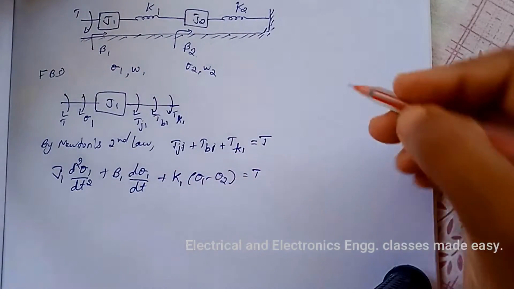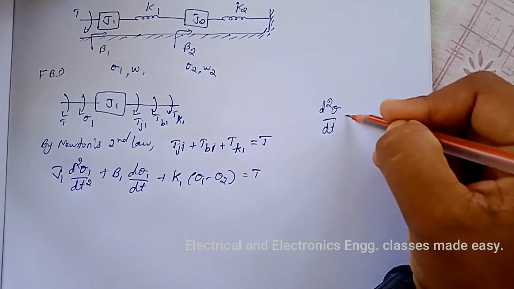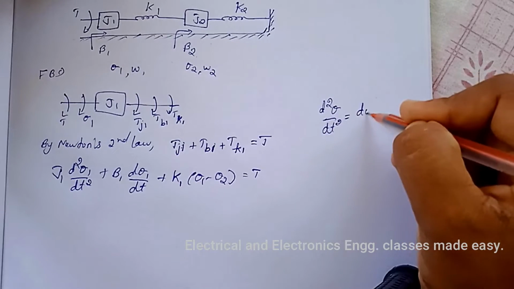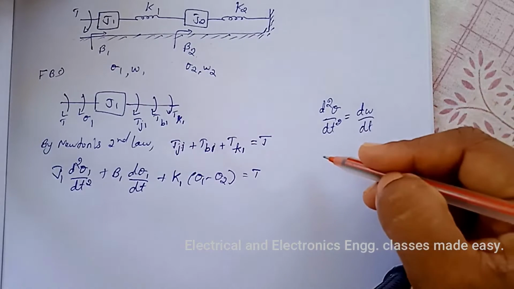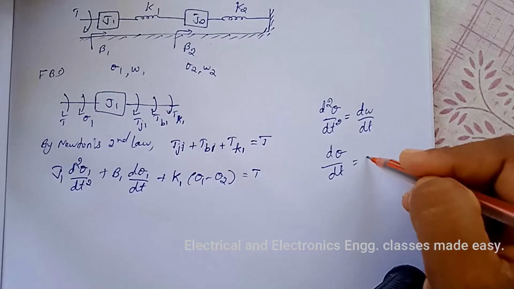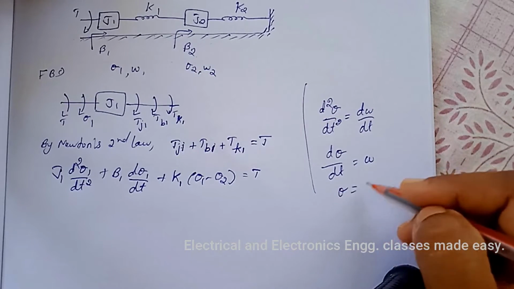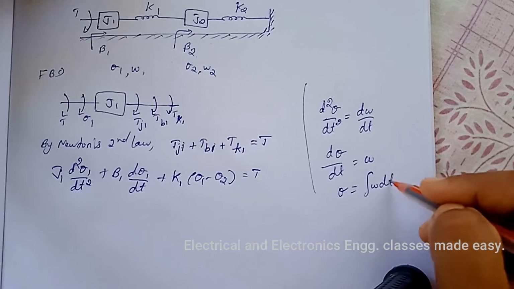Now we have d square theta divided by dt square is equal to d omega by dt, and d theta by dt is omega, and also theta is equal to integral omega dt.